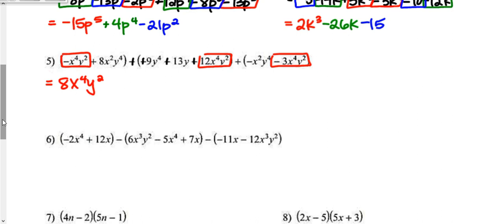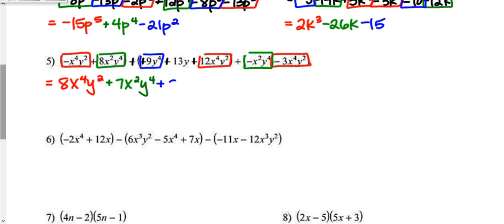And then I'm going to do the 8x squared y to the 4th. So x squared y to the 4th. So that would be 7x squared y to the 4th. And then I'm going to do y to the 4th. Order doesn't matter here.